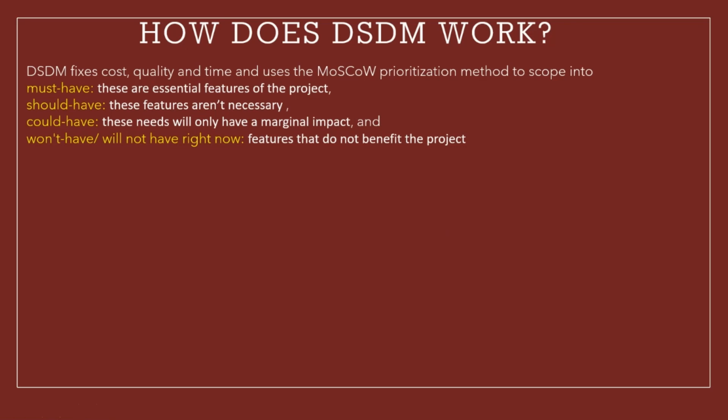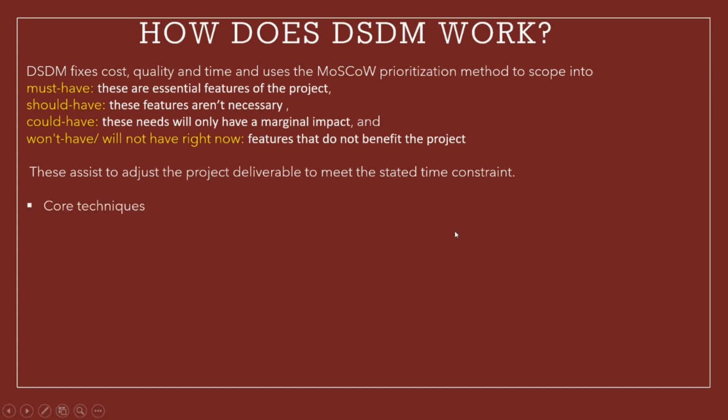These needs will only have a marginal impact. And fourth, won't haves, or will not have right now, are those features that do not benefit the project. Thus, the MoSCoW prioritization method adjusts the project deliverables to meet the stated time constraint.